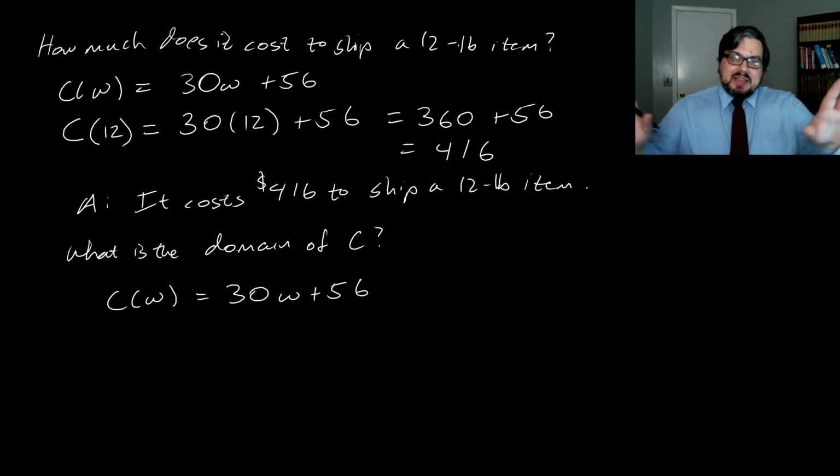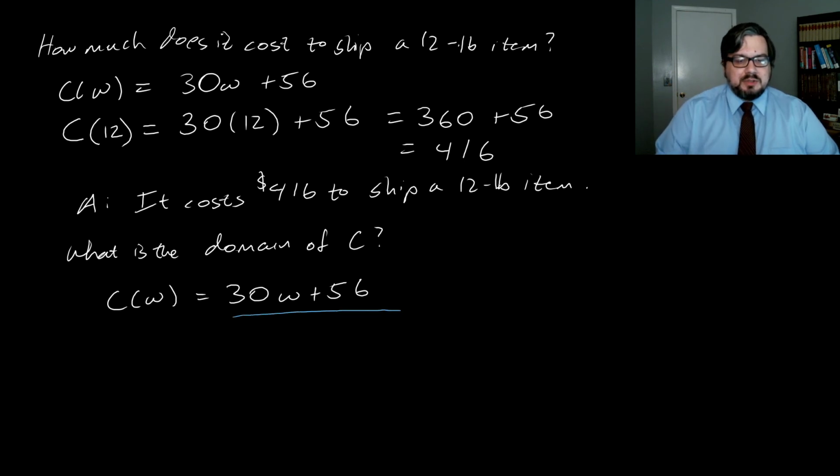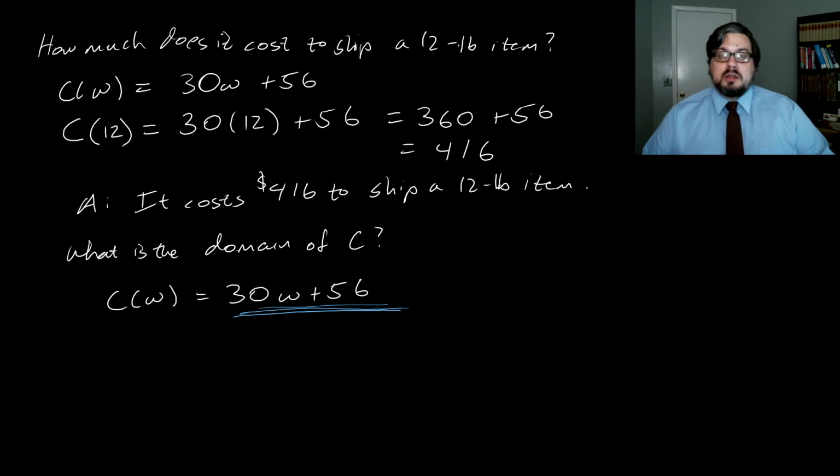Now, from a purely mathematical standpoint, which is where we want to start here, we can look at this formula, 30W plus 56, and say, all right, well, what could go wrong? Are there fractions whose denominators could turn out to be 0? Are there square roots whose insides could turn out to be negative?